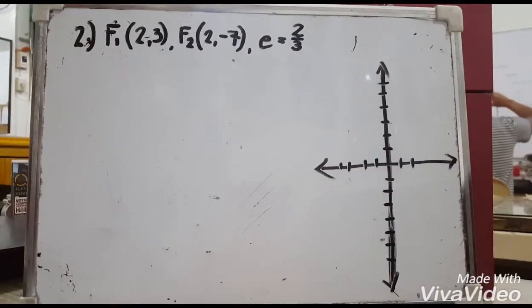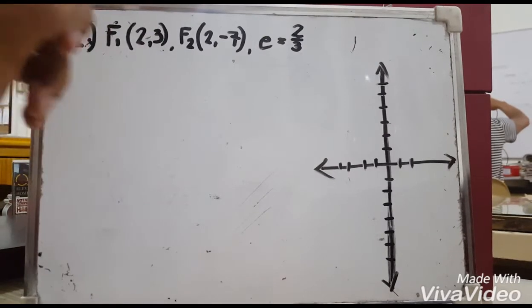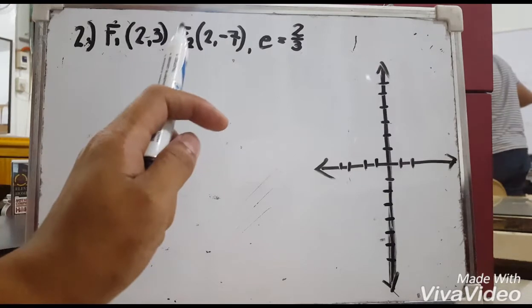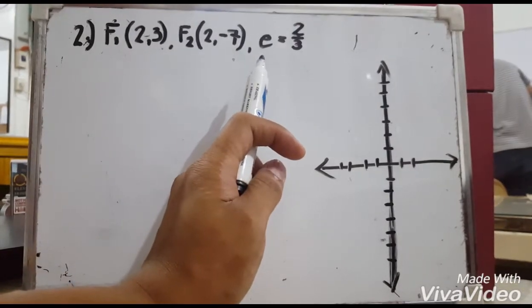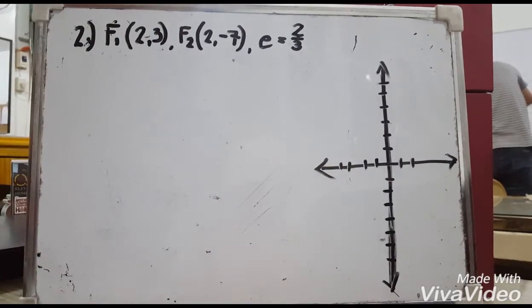Example number 2. So we are to find the standard equation of the ellipse given these properties. The first one is you're given the focus at (2, 3), another focus at (2, negative 7), and the eccentricity of the ellipse is 2/3. Okay, so again, we start with plotting the given points.